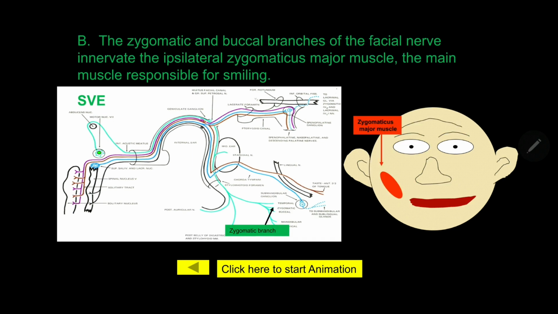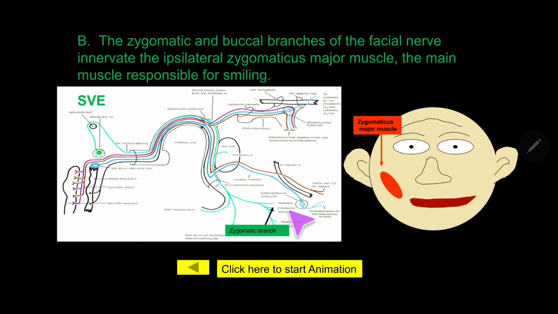Now I'm showing you the zygomaticus major, the muscle which helps you laugh and smile. The smile is basically a bilateral expression, so it will happen on both sides, but I have shown you only one side. The zygomatic and buccal branches of the facial nerve innervate the ipsilateral zygomaticus major muscle, the main muscle responsible for smiling as well as laughing.